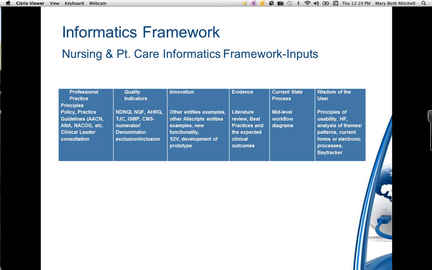So this is a framework that we're testing within my organization about how we get ready to engage with IT and how we hand off build requirements to them so that we can really be very clear in what it is that we need for them to build.